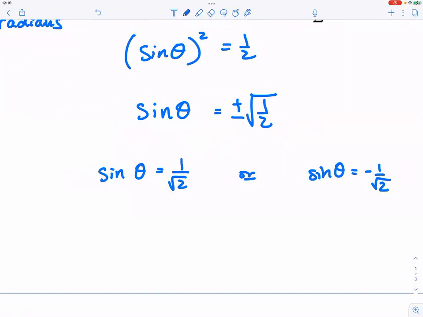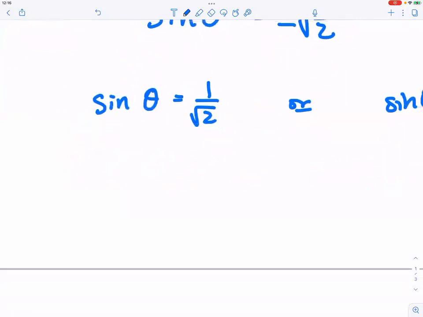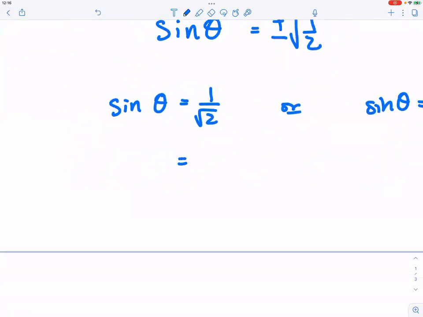And let's take care of each version individually. Well, we don't really get used to looking at 1 over root 2. Let's go ahead and change it back to root 2 over 2. Okay, so we rationalize it. So this is basically asking the question, hey guys, the ratio, or the y value. What's the y value? Root 2 over 2.